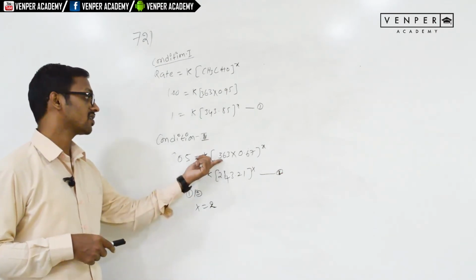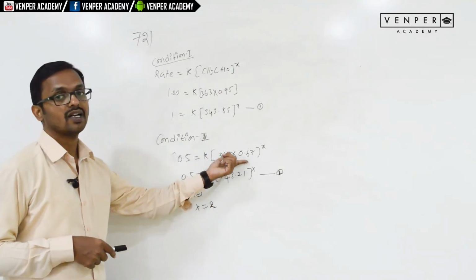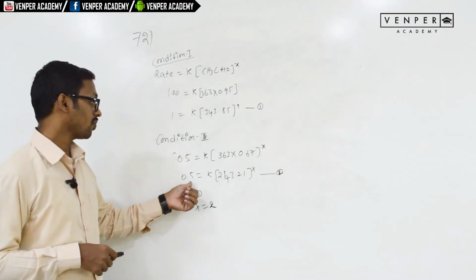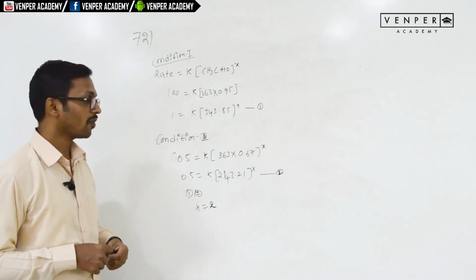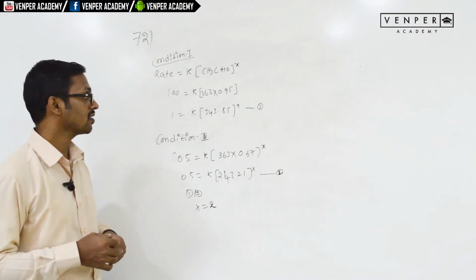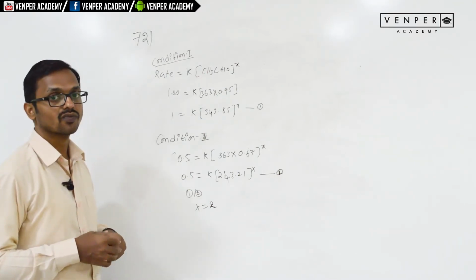So 363 into 0.67 will be the concentration, all to the power of x. So 0.5 is equal to K into 243.21 all to the power of x, which is considered as the second equation, and the earlier one is considered as the first equation.